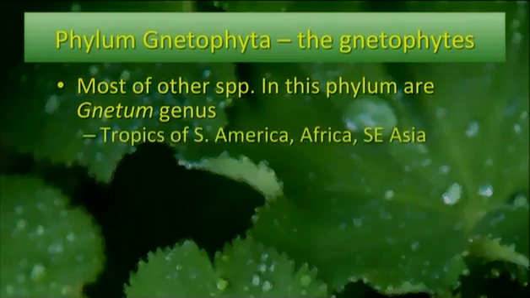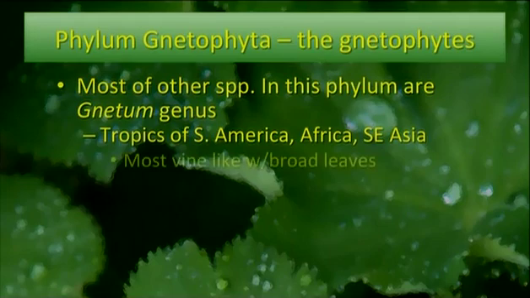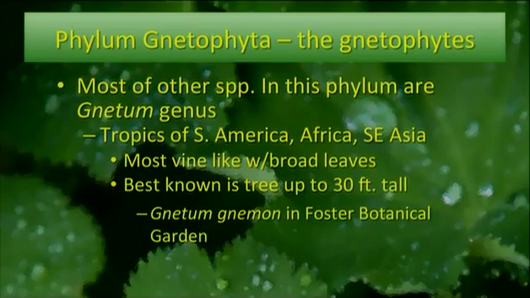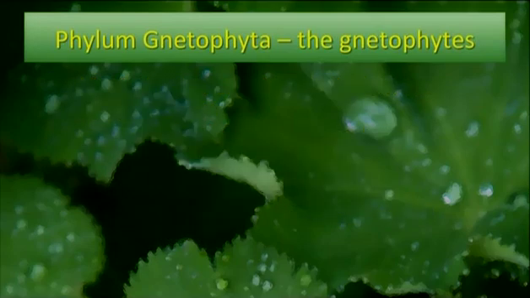These are plants that live in the tropics of South America, in Africa, and in Southeast Asia. Most are vine-like with broad leaves, but the best known is a tree that grows up to 30 feet tall. You can see Gnetum gnemon in Foster Botanical Garden, in the prehistoric garden downtown, across from Zippy's.